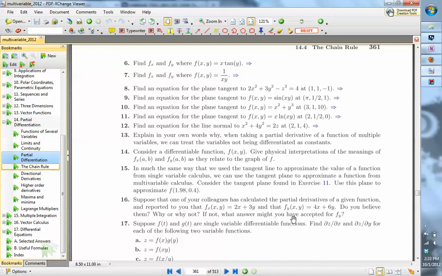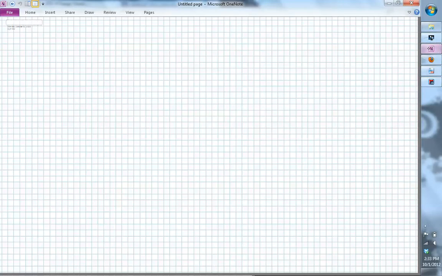12 or 9? 12. Find an equation for the line normal to this surface at (2, 1, 4). I didn't go through the derivation, but the idea here is whenever you can write a surface as z equals something, which you can in this case, z equals 1/2 x squared plus 2y squared. That's what you have to do in order to use that formula. If you can write it as z equals something, then the normal to the surface can be written (f sub x, f sub y, -1).